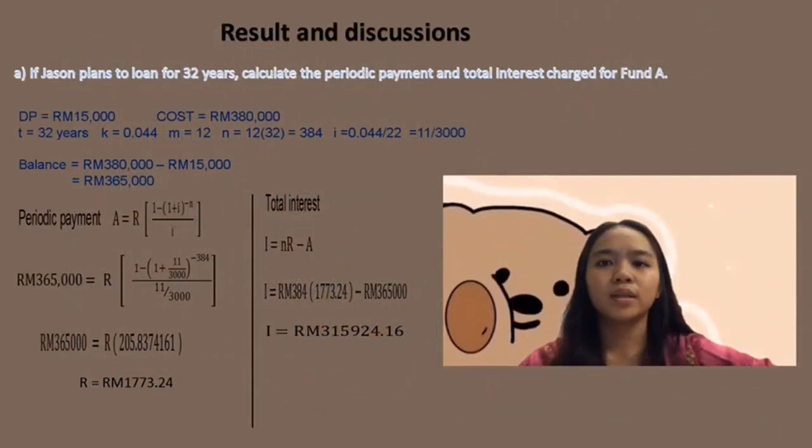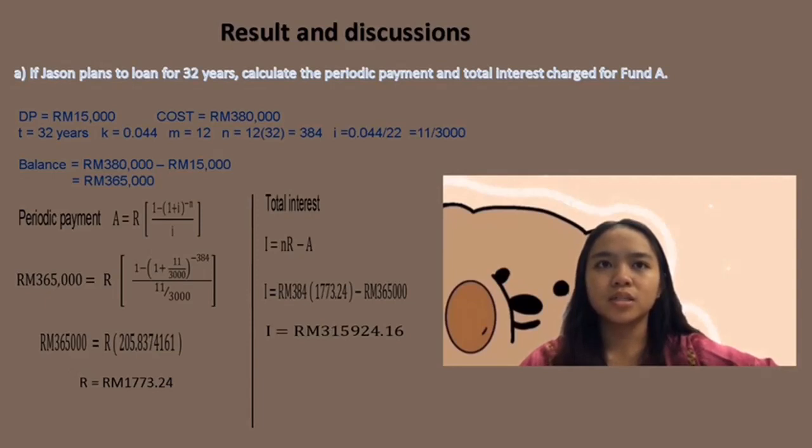For question 1a, if Jacyln plans to loan for 32 years, calculate the periodic payment and total interest charge for Fund A. So the down payment DP equals 15,000, cost equals 380,000, T equals 32 years, K equals 0.044, M equals 12, N equals 12 times 32.